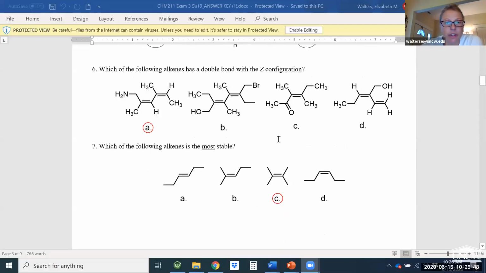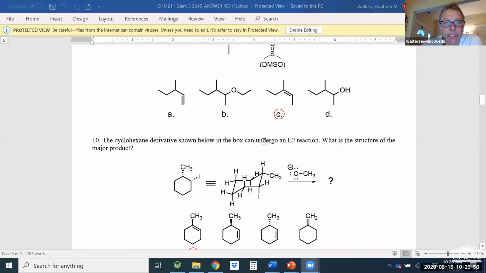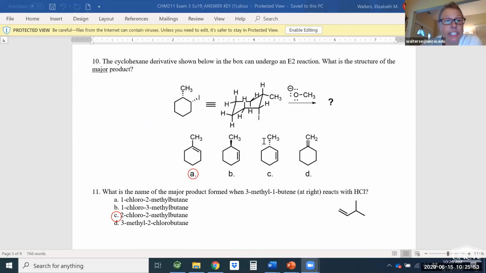All right, so 6, 7, 8, 9 we did, 10 we did not do. 10 is asking you the identity of the product after an elimination E2. So in this case, it's kind of tricky to see with everything drawn on here, but you're looking for an anti-periplanar hydrogen.